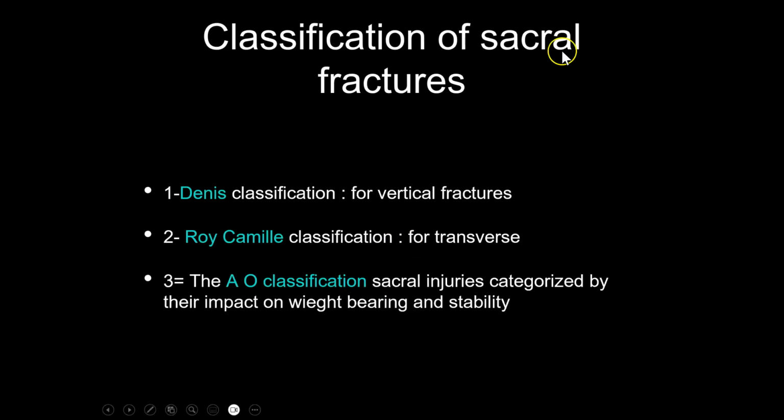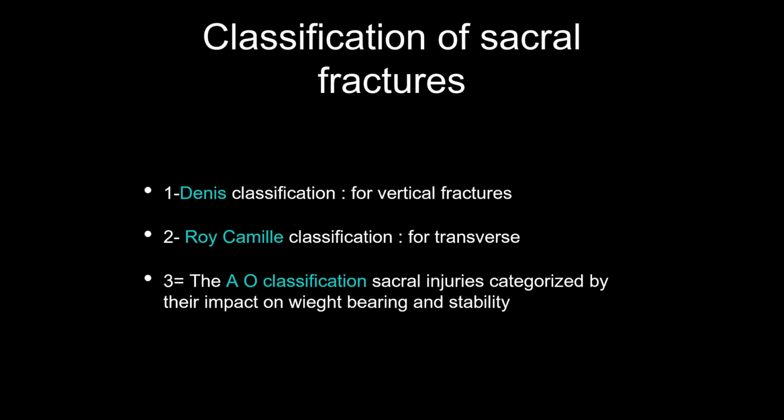So, classification of sacral fractures, very simple. We can classify them into vertical fractures. This is the core of the Dennis classification. Transverse fractures are classified by the Roy-Camille classification, the very famous Roy-Camille, the one who started the screws and rods in the world.